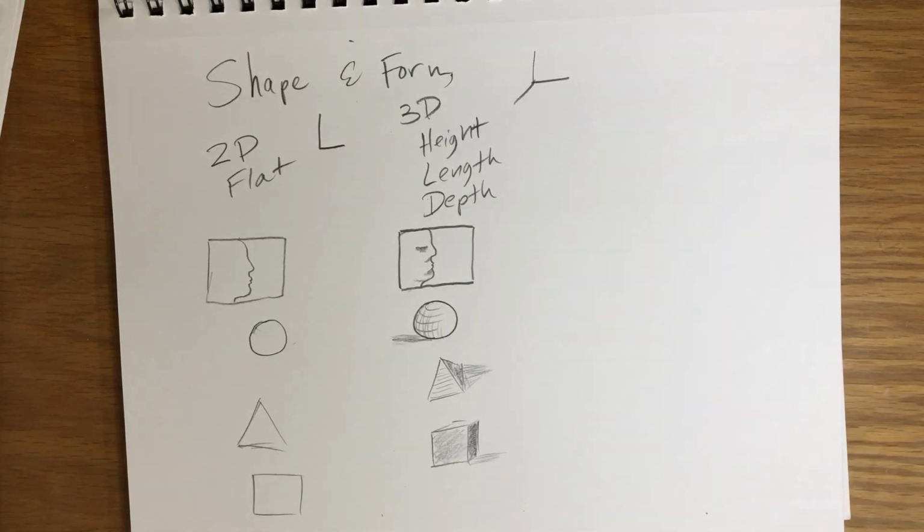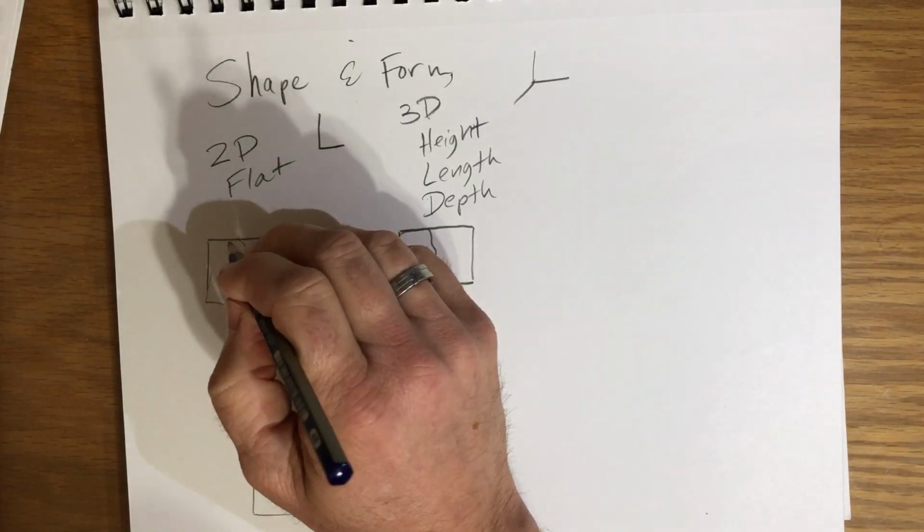Some other things that are related to the element of art called shape. The figure-ground relationship. The figure is whatever the subject of your art is, but it's the subject that's taking up the shape.